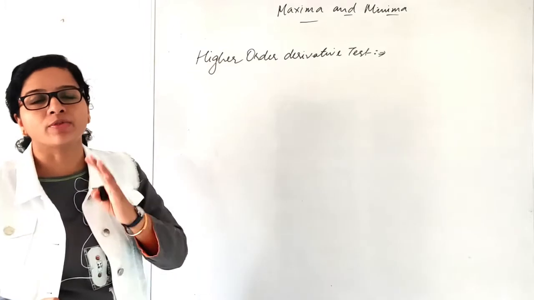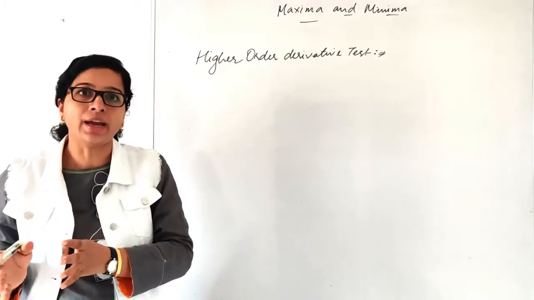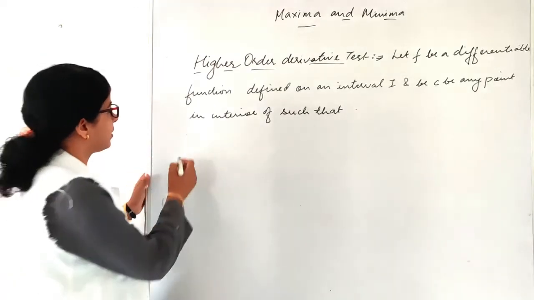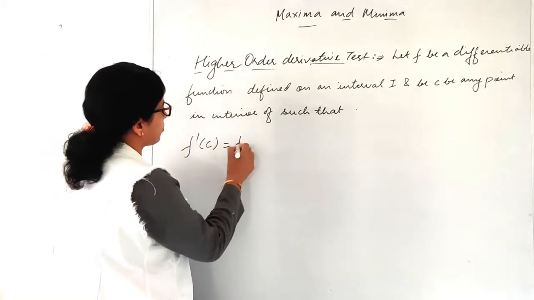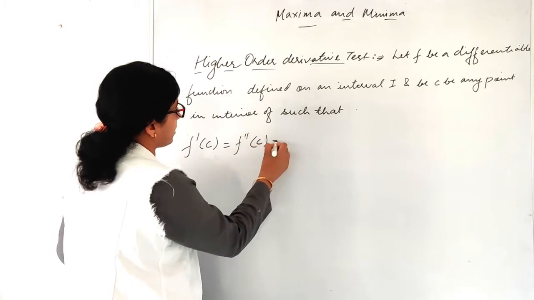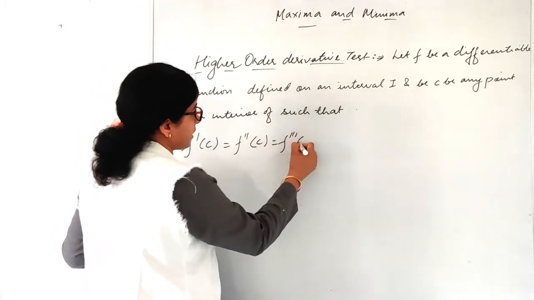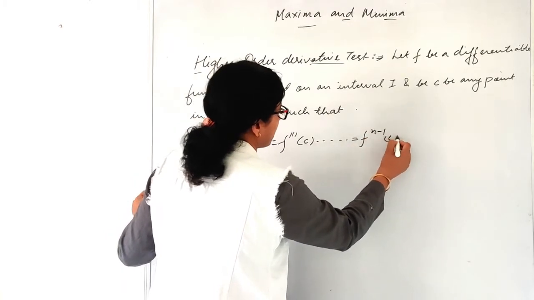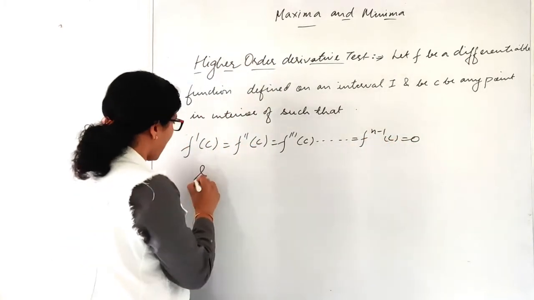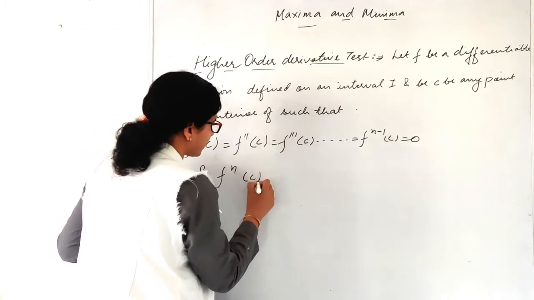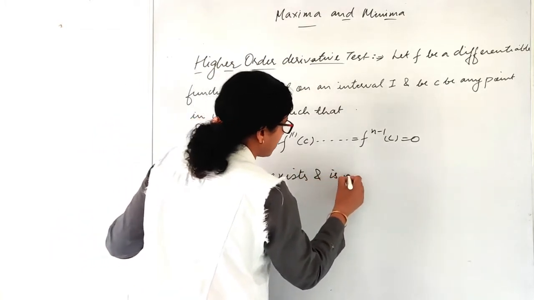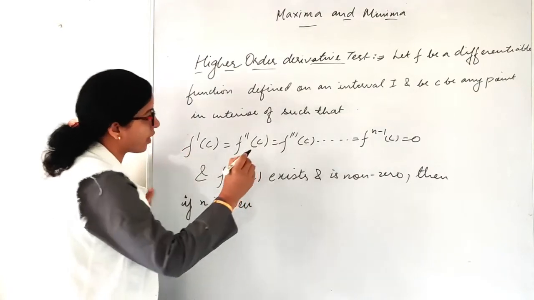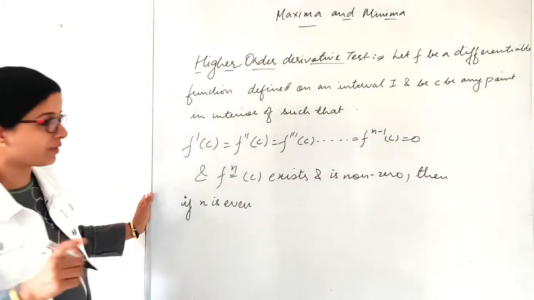Let f be a differentiable function in the interval I and let c be any point in that interval. So then f dash c equals f double dash c equals f triple dash c and so on, equals f^(n-1)(c) is equal to 0, and f^n(c) exists and is non-zero. Then, the n means how many times we have found the derivative, that we have to check.